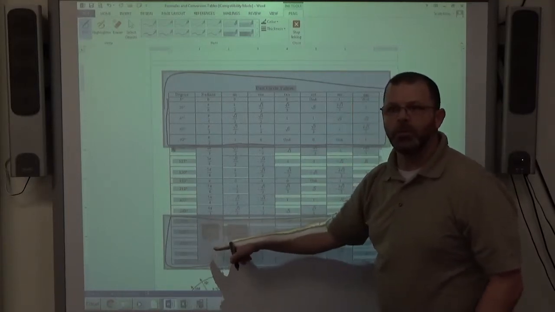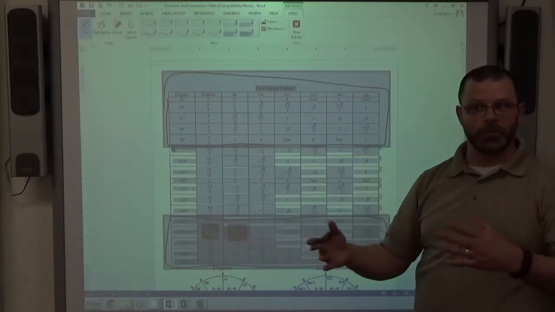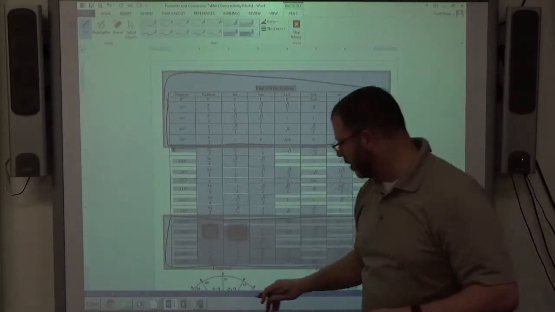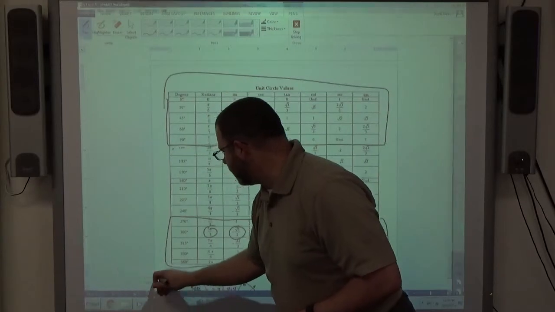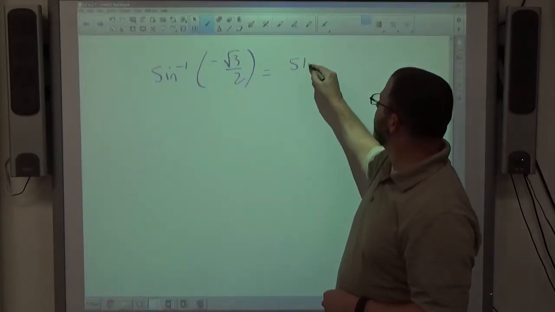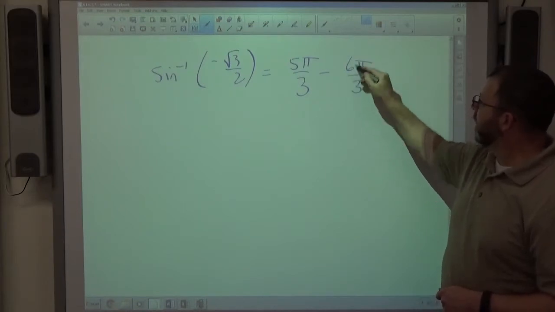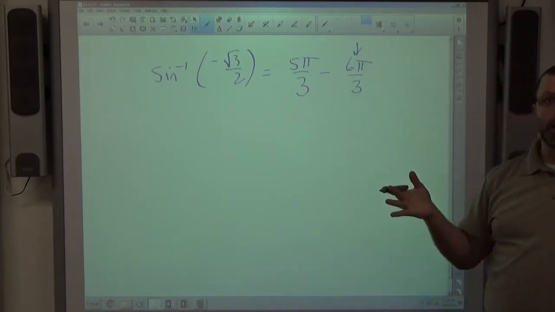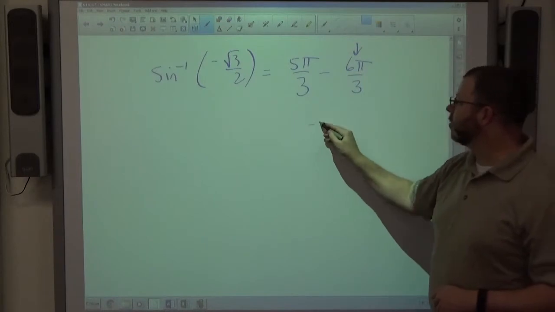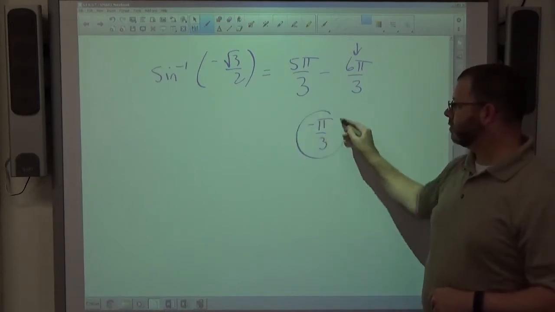That's the answer I'm looking for, but that's the one that's too big. It's in the fourth quadrant. It's not the negative angle that I'm looking for. So that's when I'm going to go here and say it's 5 pi over 3, but I need to subtract 2 pi from it. And again, 2 pi in disguise as the common denominator is 6 pi over 3. So negative pi over 3 gives me that answer.